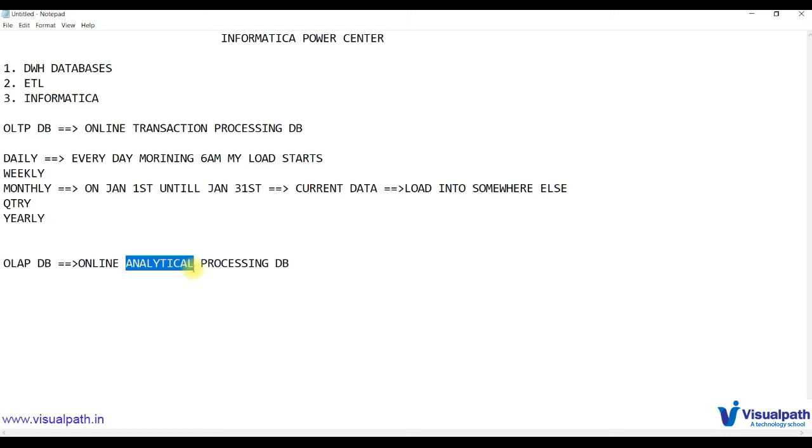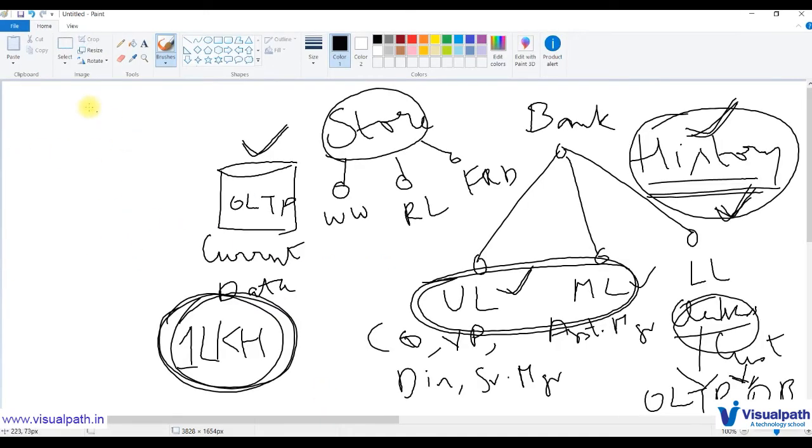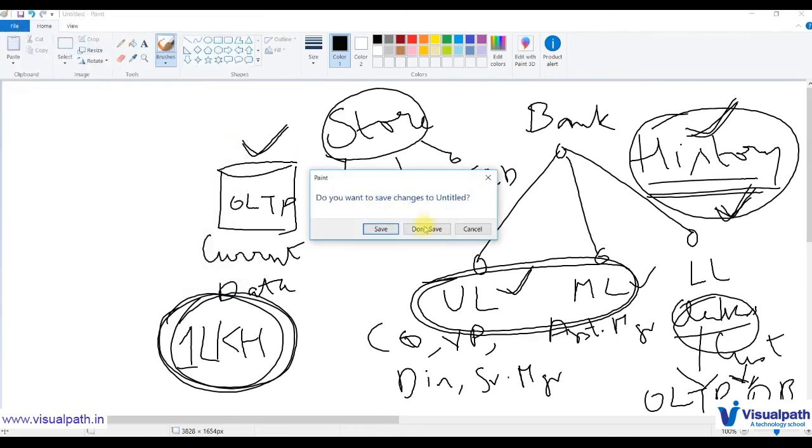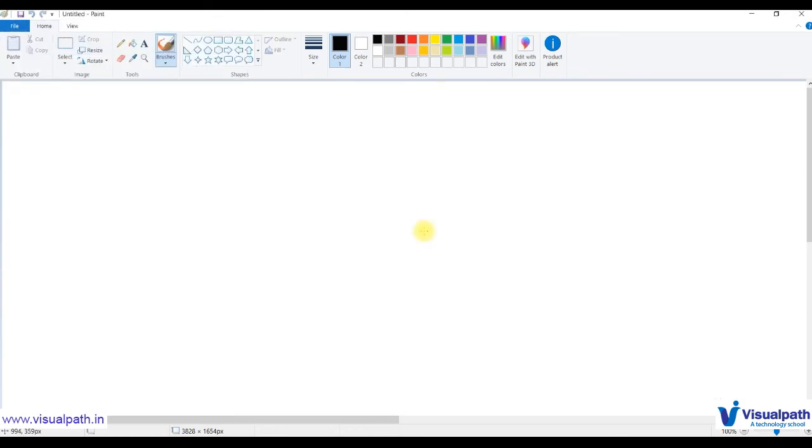All this analysis will be done only on your historical data, and that resides in your OLAP database. Let me draw one more diagram here. Now we came to know that we have two databases.